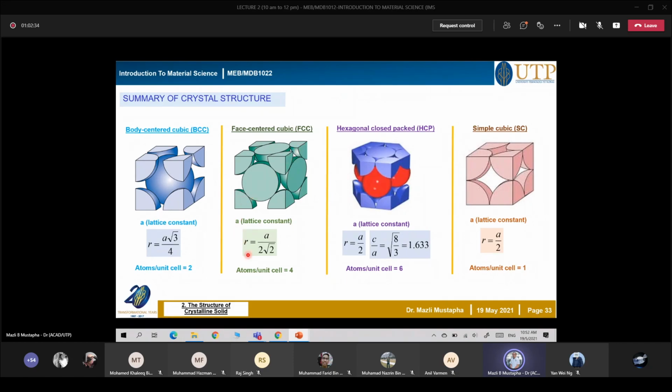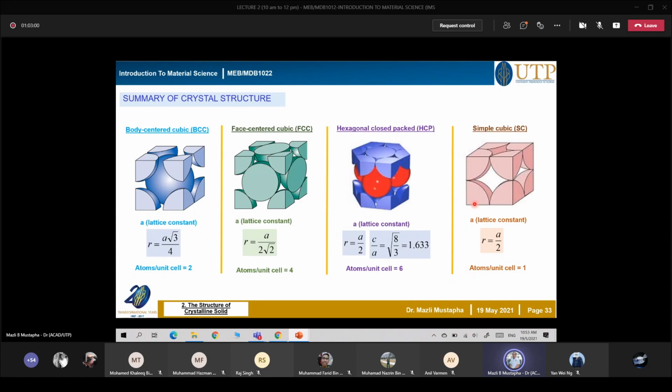Then this is the relation. For simple cubic, it is quite straightforward, so I'm not showing you the example. A is equal to 2R, which means R is half of A. Here to here is A, and we have R and another R, because they are touching each other.